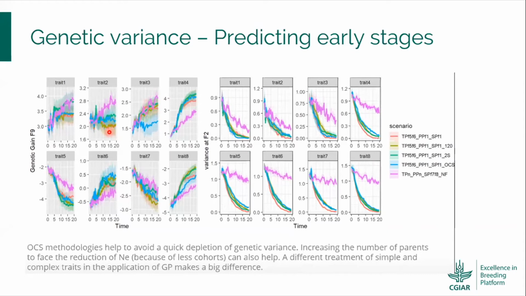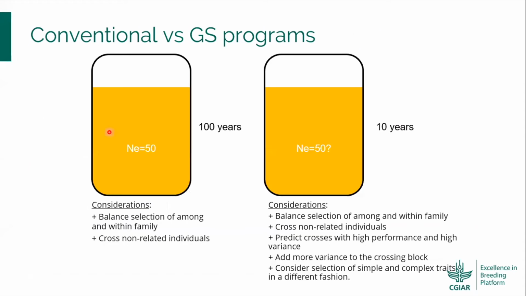So, conventional versus genomic selection programs. As we mentioned, just a Mickey Mouse example, maybe the effective population size in your program is about 50 because you have multiple cohorts. Really, that can last for more than 100 years for many of the traits, because, like I said, allele frequencies really don't change that fast when you're talking about complex traits where you have maybe hundreds of QTLs in that trait, or some may speculate even thousands.